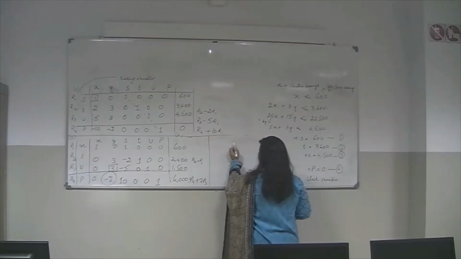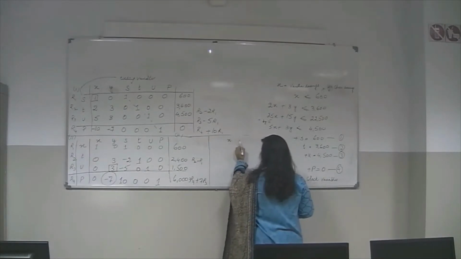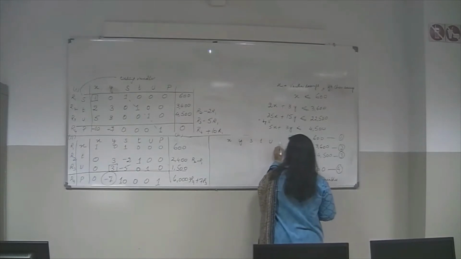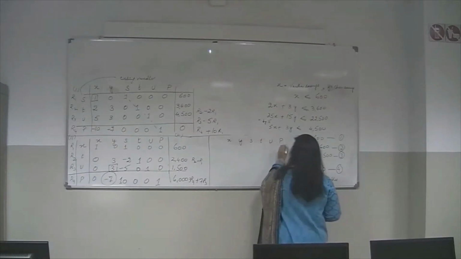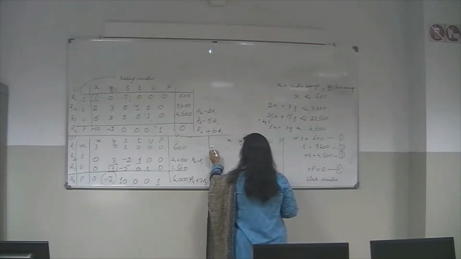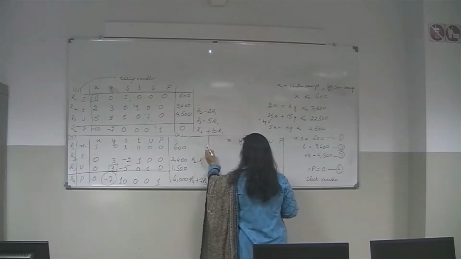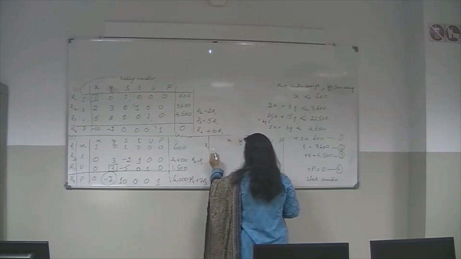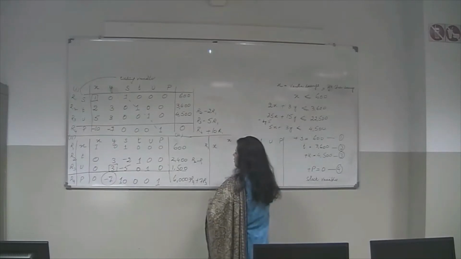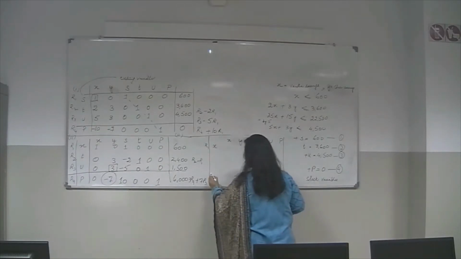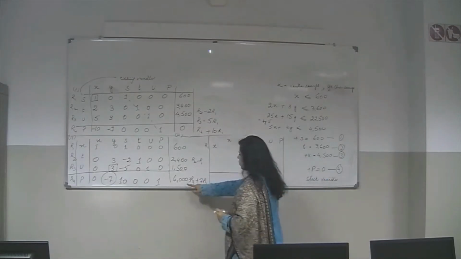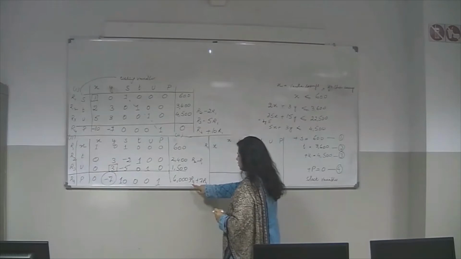Again, we have the same X, Y, S, T, U, and P. Now this was row 1, and this was X. Since we are going to be starting from the lowest row, let us perform the operation also, 3 R4.